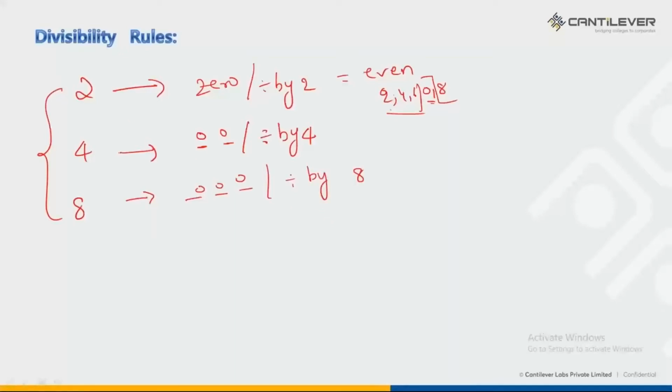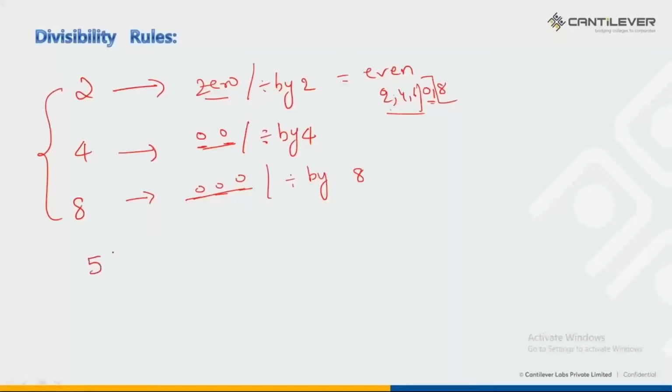Same divisibility rule, but for 2 you verify only the last digit, for 4 the last 2 digits, and for 8 the last 3 digits.